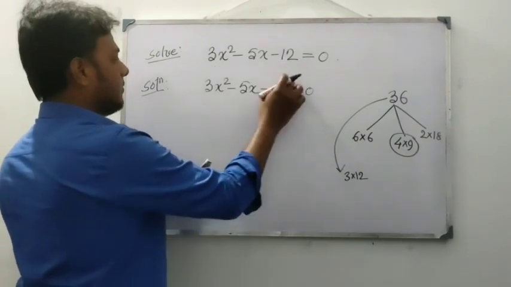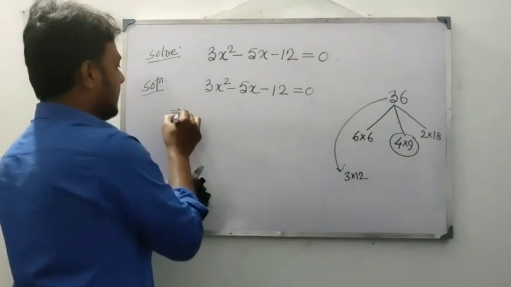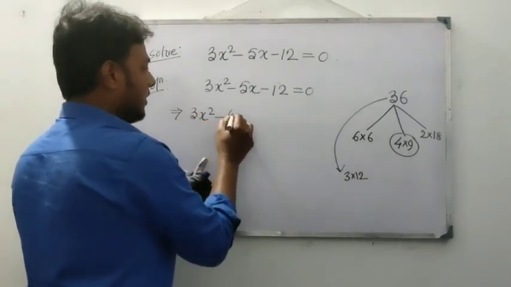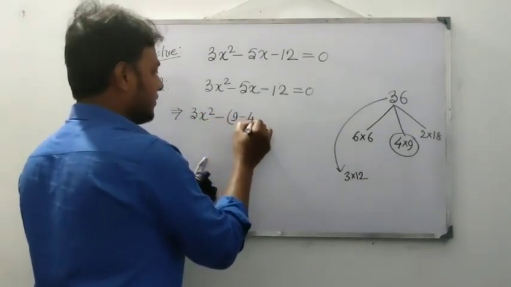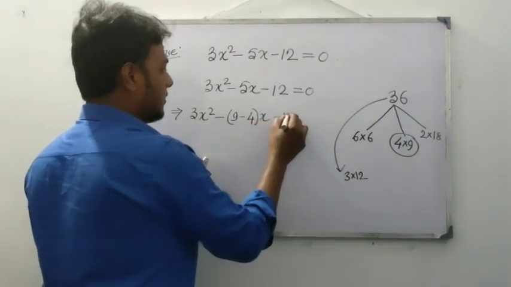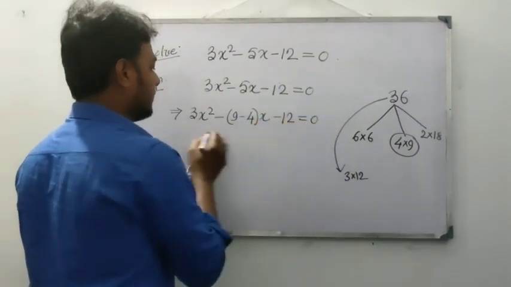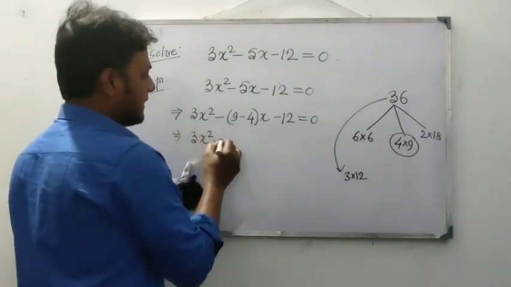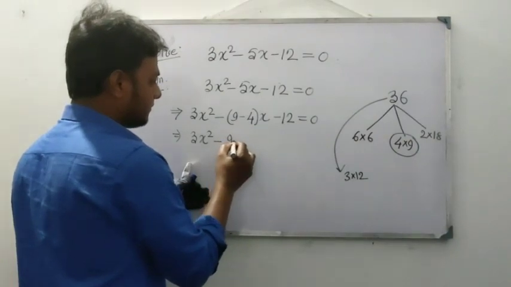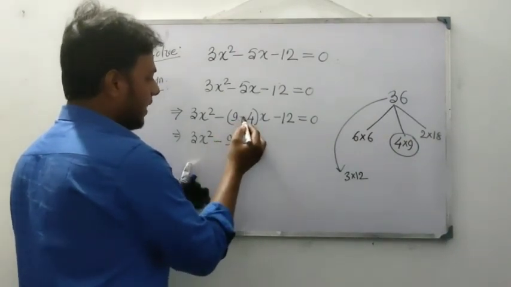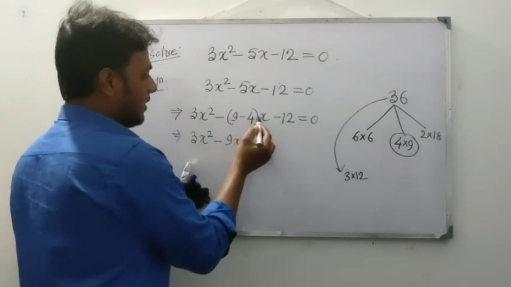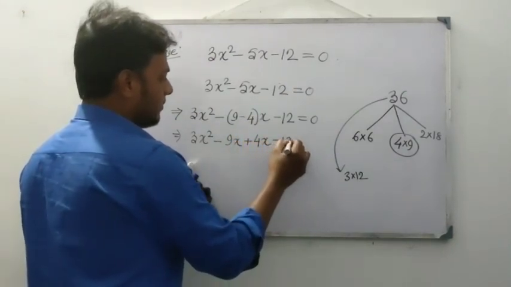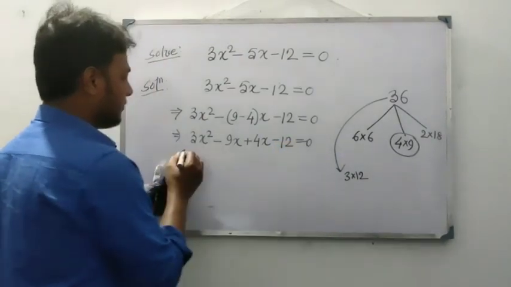So now, it implies that 3x square, in the place of 5 we will write (9 minus 4) into x, minus 12 equals 0. Now calculation: 3x square minus 9x, and minus minus plus, if you multiply it, it will be plus 4x, minus 12 equals 0.